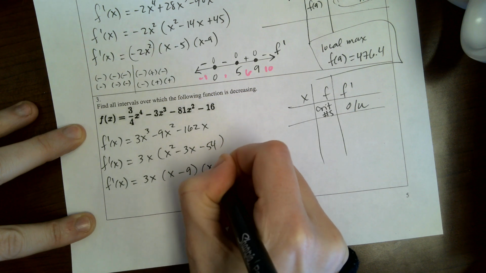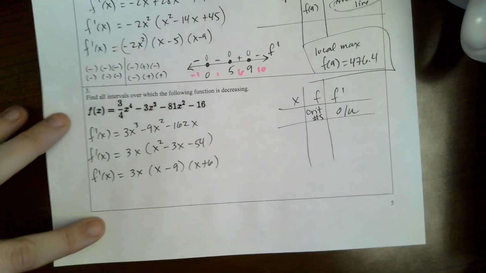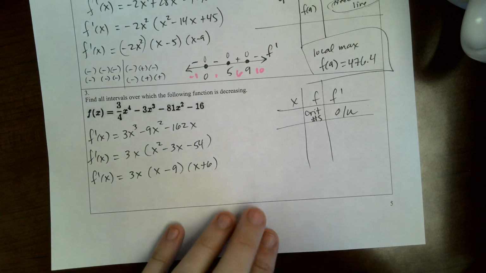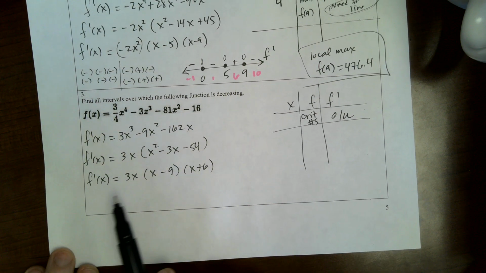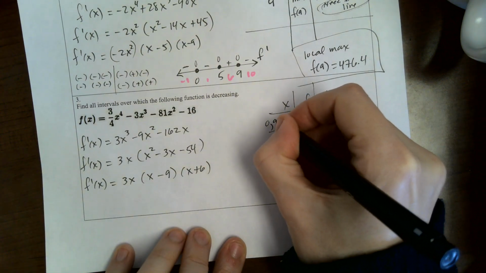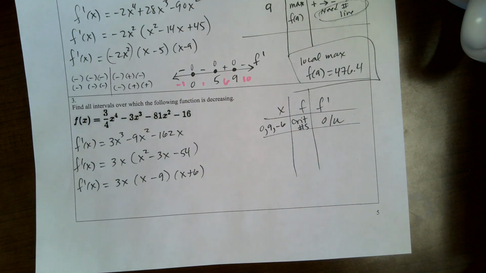Minus 9, x plus 6. Okay, so my critical numbers, so when is this 0? For 0, 9, and negative 6.